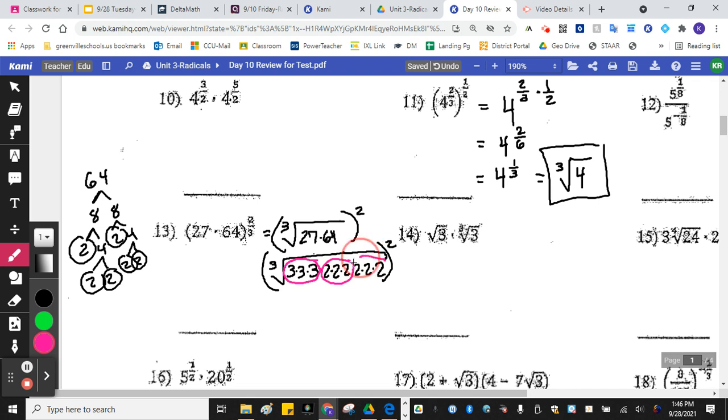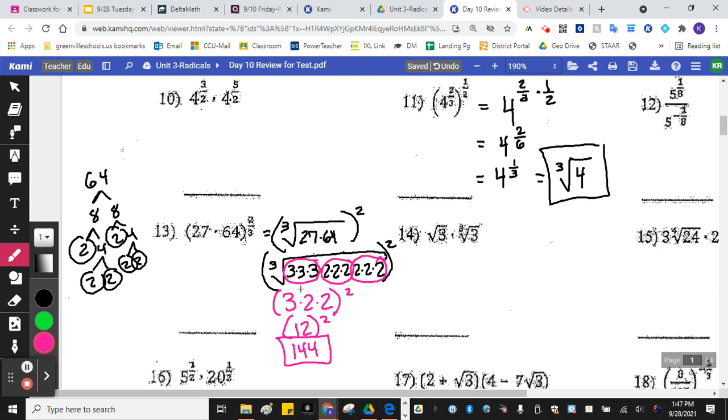Every 3 1 comes out because this is cube root. So you have 3 times 2 times 2. So 12 squared, which is 144.